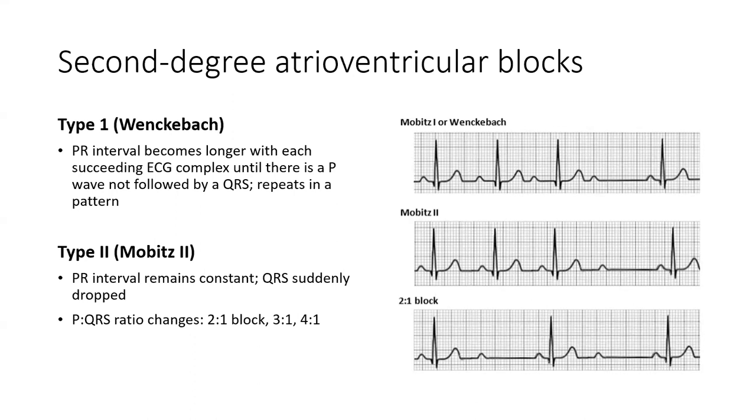Your type 2, or your Mobitz 2: the PR interval remains consistent, and the QRS suddenly drops. The P to QRS ratio changes, 2:1, 3:1, 4:1. So second degree AV block type 2 is also known as your Mobitz. It's almost always a disease of the distal conduction.